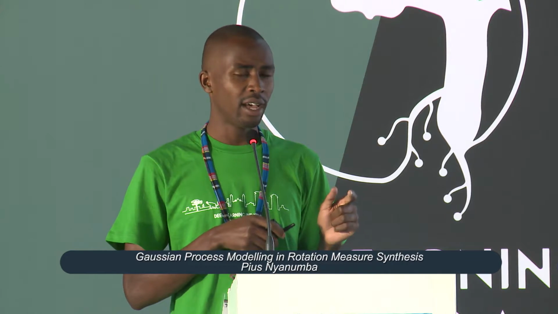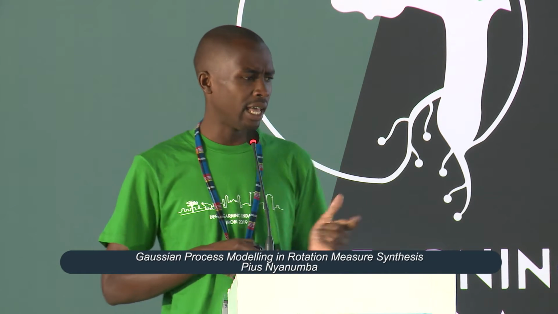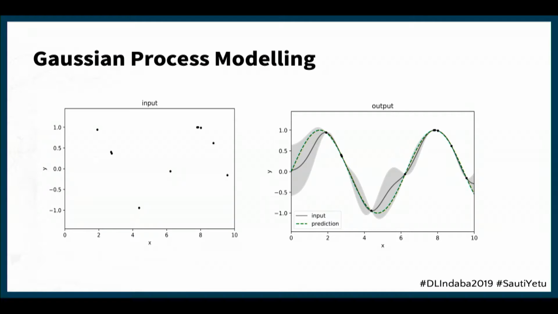I selected 10 data points randomly from my training data set. In the figure on the right, the gray function shows the original function, the green function is the prediction of the posterior mean, and the shaded area represents the error or uncertainty.